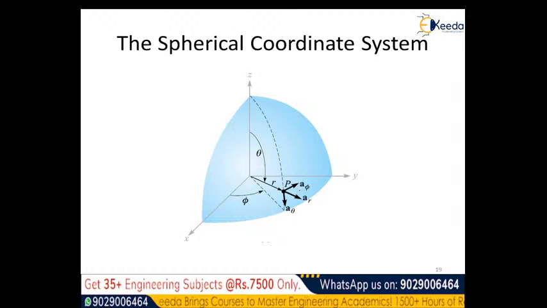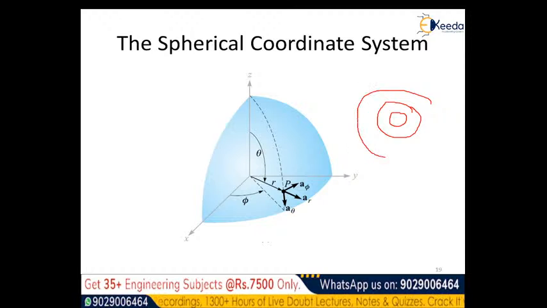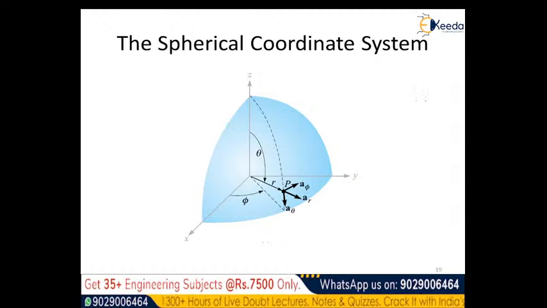So if you increase the value of r from 0 to positive infinity, you can get bigger and bigger spheres in this fashion. So r is equal to some small value, r is equal to a bigger value than that. So you can imagine a sphere inside a sphere inside a sphere. That way you can have r from 0 to positive infinity. It can't be negative infinity.